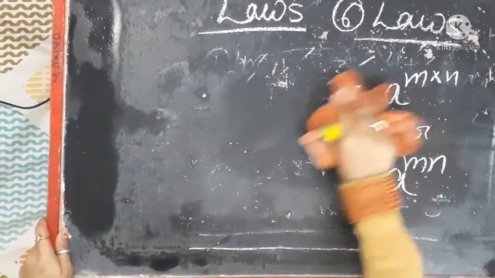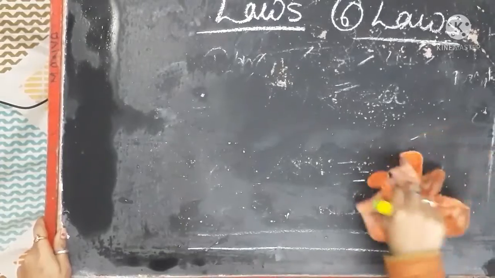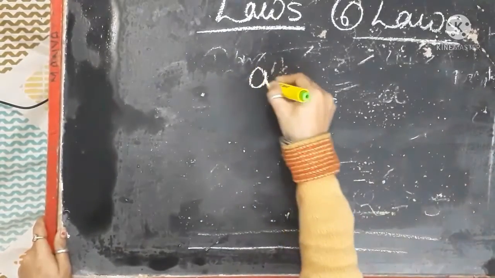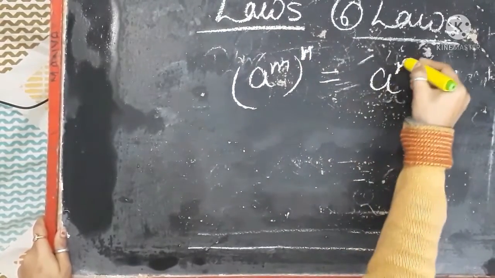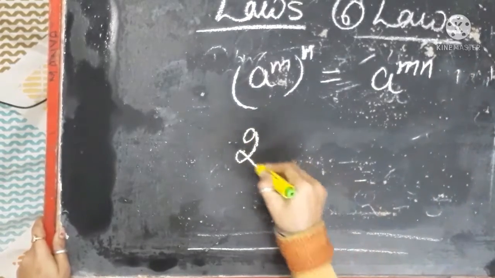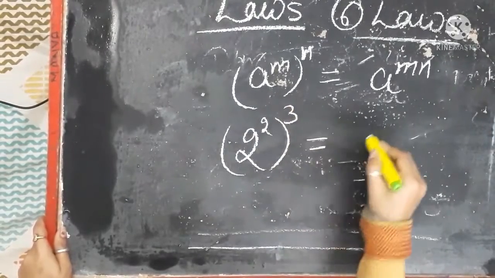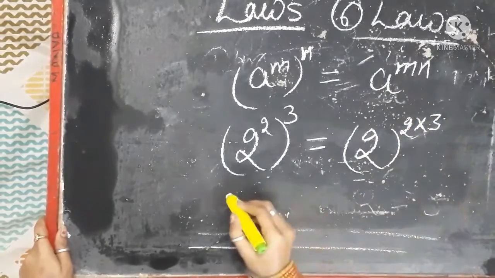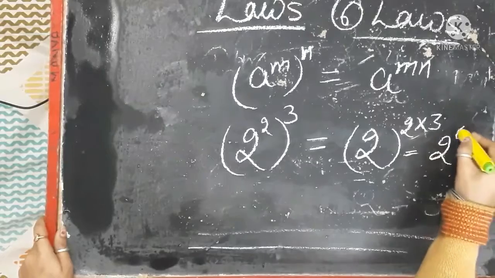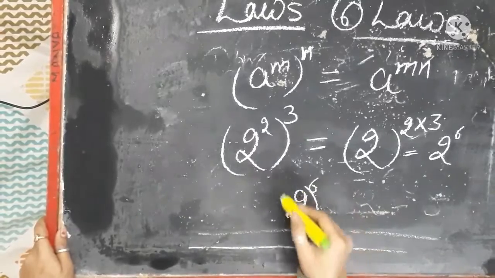So we'll again do this with the help of an example. The law is a raised to the power m whole raised to the power n is equal to a raised to the power mn. So if I say 2 raised to the power 2 whole power 3, which is equal to 2 raised to the power 2 into 3, which is equal to 2 raised to the power 6. Okay, so the answer is 2 raised to the power 6. Clear?